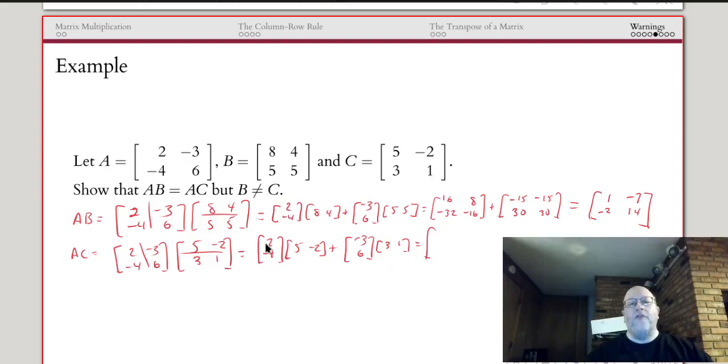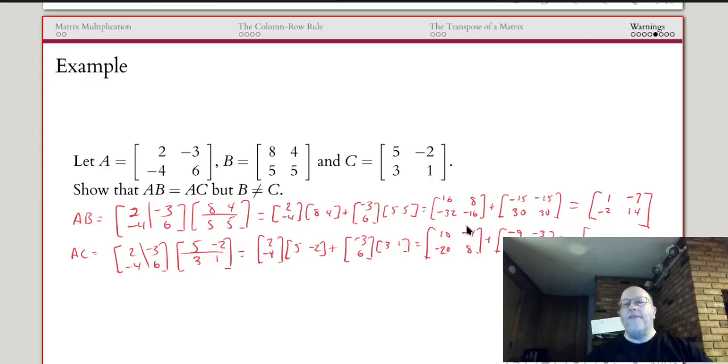So the first matrix will be 2 times 5 is 10, -4 times 5 is -20, 2 times -2 is -4, -4 times -2 is +8. -3, 6 times 3 is -9 and 18. -3, 6 times 1 is -3 and 6.